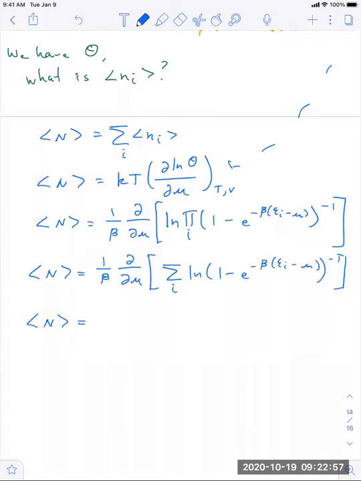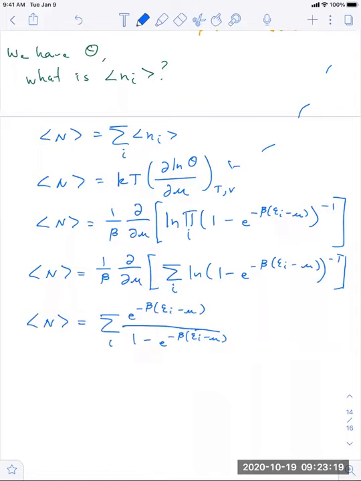Now taking the partial derivative with respect to mu, I get this expression.